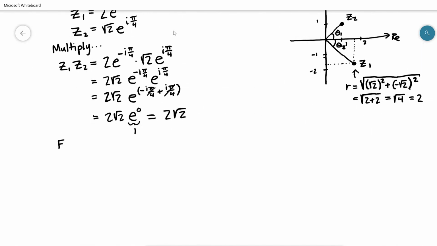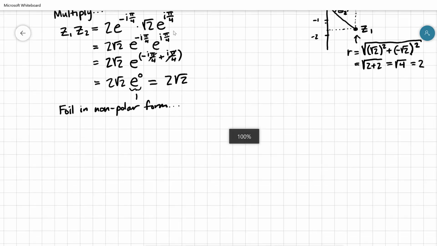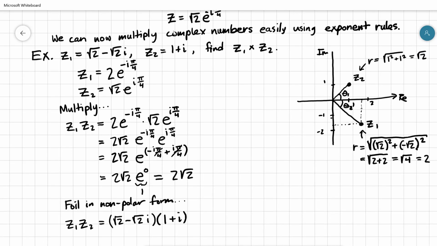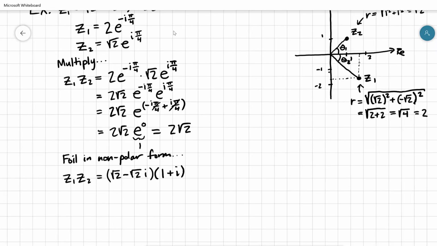So if we FOIL in non-polar form, this is not going to be something you need to do a ton, but what we would get is that Z1, Z2 was, let's see, one of them was root 2 minus root 2i, and I'm multiplying that by 1 plus I. I believe those are the two numbers. Let me just check. Yes. Root 2 minus root 2i and 1 plus I.